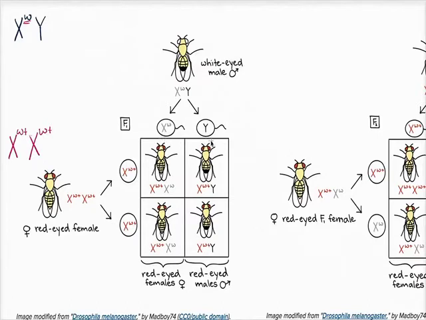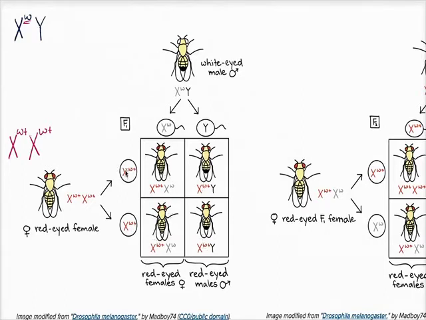And so when you cross that first generation, the white-eyed male will either produce sperm that have the X chromosome in it, which is going to contain the allele, or sperm that have the Y chromosome in it, which is not going to contain the allele. And the red-eyed female, well, they produce eggs, and either of these X chromosomes they contribute are both going to have the wild type allele. And we can see how this crosses.